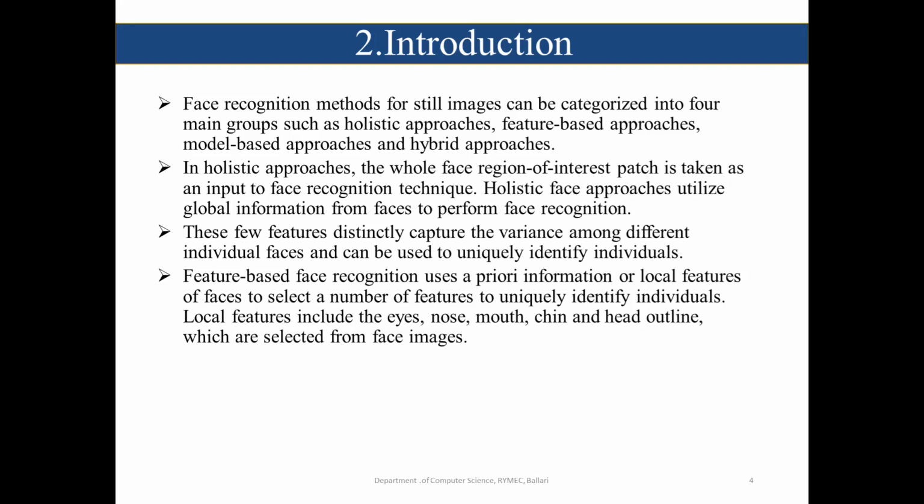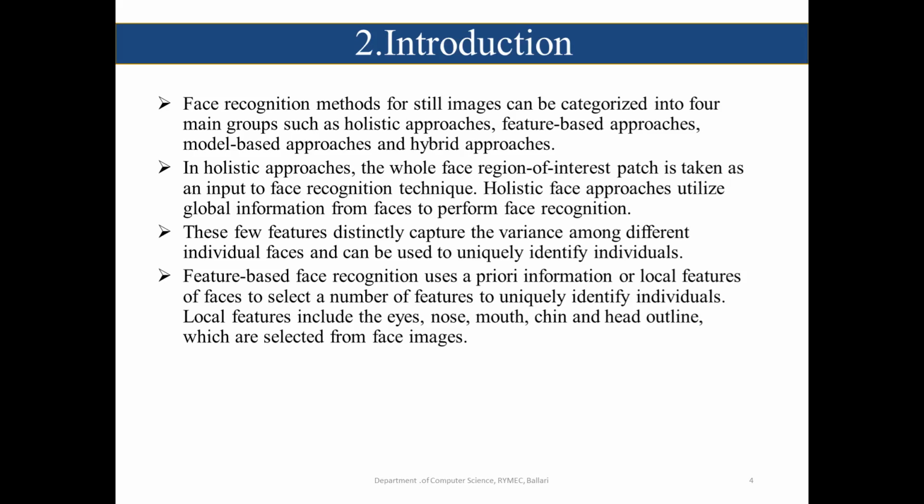The holistic approach utilizes the global information from faces to perform face recognition. These identified features are usually used to capture the variance among different individual faces and can be used to identify the individuals uniquely.